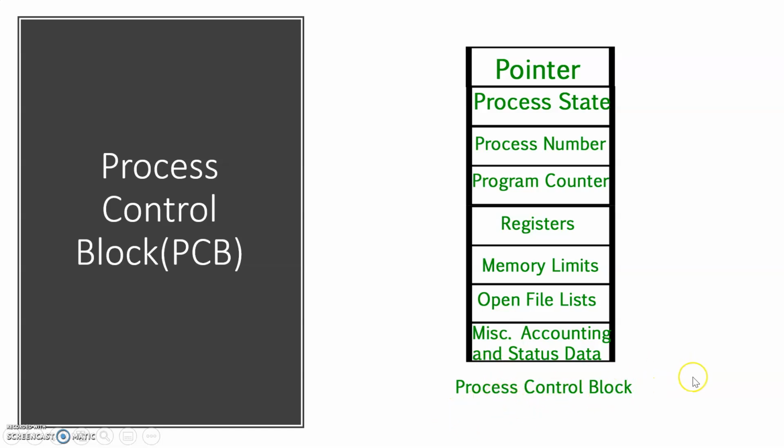Next, program counter, and also above that there is a process number, then the registers that this process is using, then memory limit, open file list, then accounting and status data. These are the various fields in the process control block, and this process control block is used to control the process, and it also has a pointer which is used for pointing to the process.